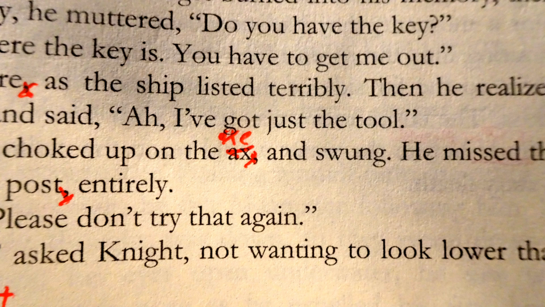Here you could see I was curious if axe should be AX or AXE. And so I looked it up, and I thought one would be British and one would be American. So I was like, okay, which spelling is English or American? And what it actually said is that AX is more of an old spelling for axe, and AXE is pretty much the modern spelling.